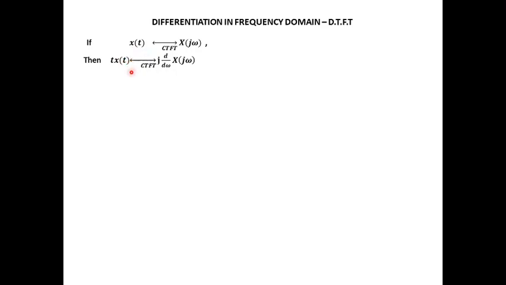This property is also called multiplication in time domain, because if your signal is multiplied by a time factor t in time domain, then in Fourier domain it gets multiplied by j and gets differentiated with respect to omega. That is why this property is called differentiation in frequency domain, or also multiplication in time domain. The proof is very simple.